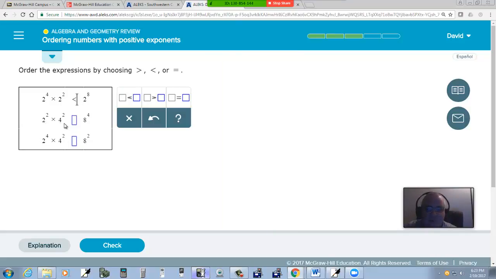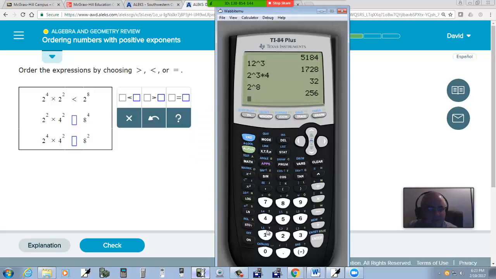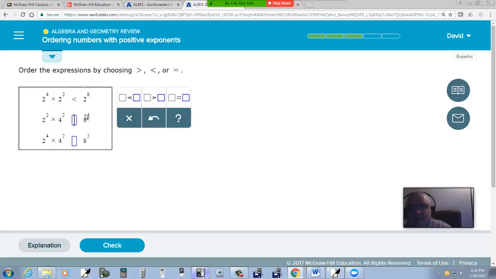That's 64 again. 16 times 4. Too many exponents are all running together. 64. 8 to the 4th has got to be bigger than that. So that's less than again. 16 times 16. So that would be greater than.